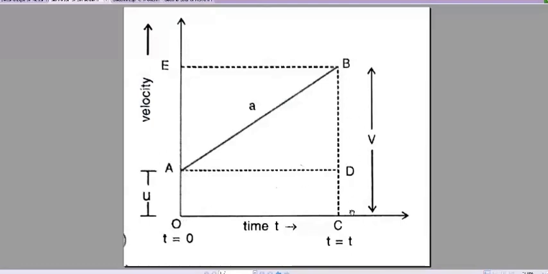So in this total velocity, DC is initial velocity. Naturally, the remaining portion, that is BD, is change in velocity. From this point, the velocity has changed. That's why this BD is change in velocity.